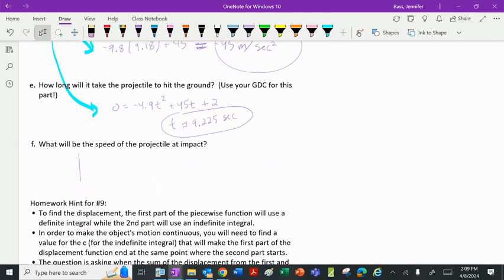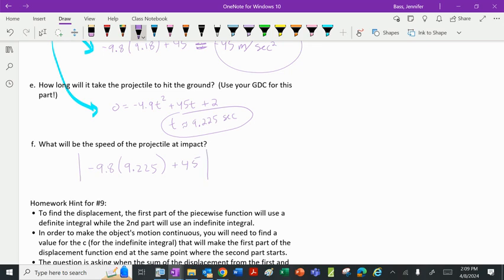So we want the absolute value of negative 9.8 times 9.225 plus the initial velocity, which is 45.